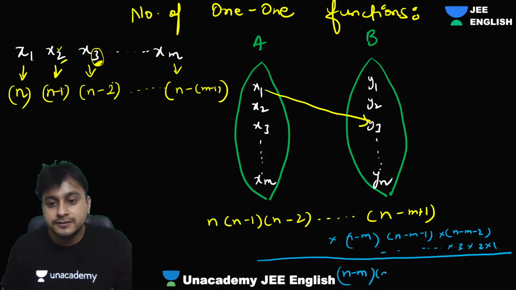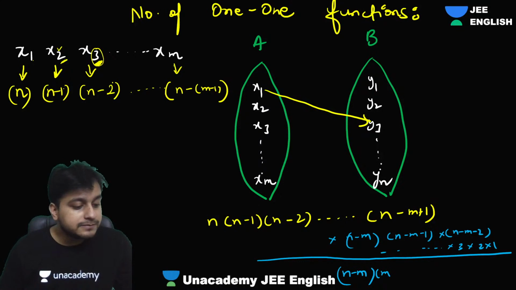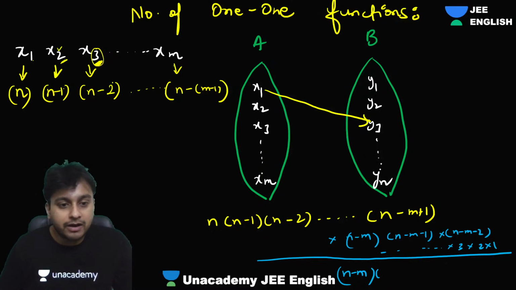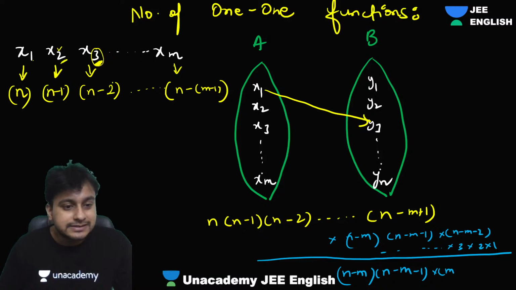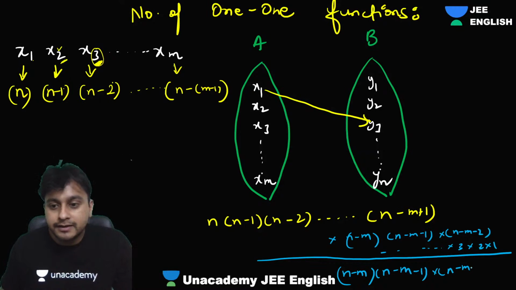What is it? Tell me quickly now. Now I guess you guys are understanding. I just multiplied and divided by this factor: n minus m, n minus m minus 1, n minus m minus 2, and so on till 3 into 2 into 1.